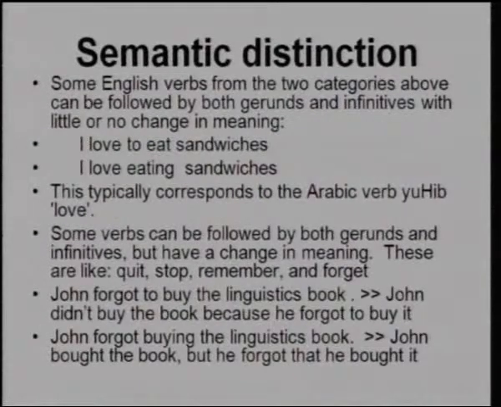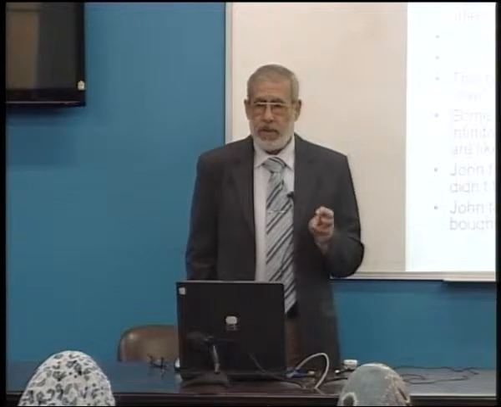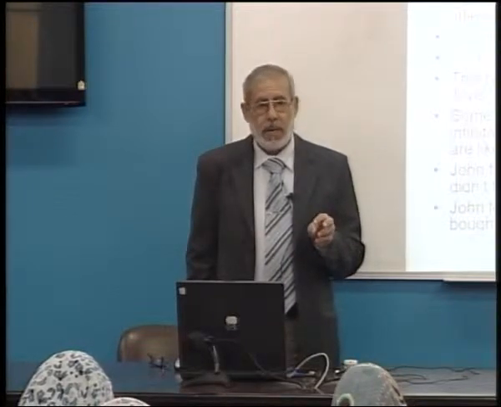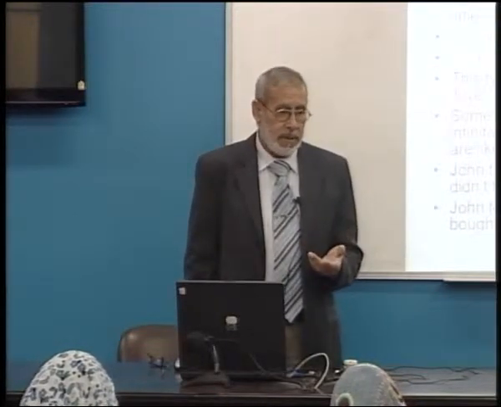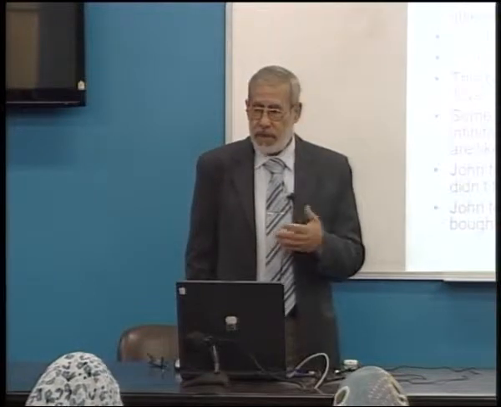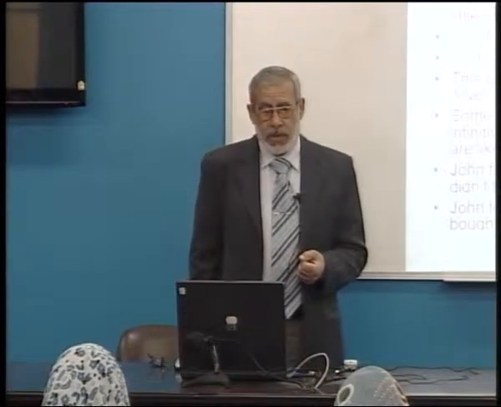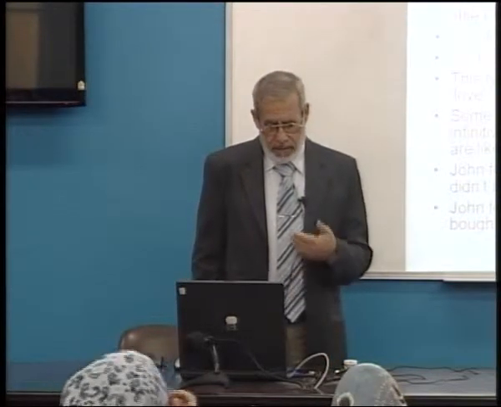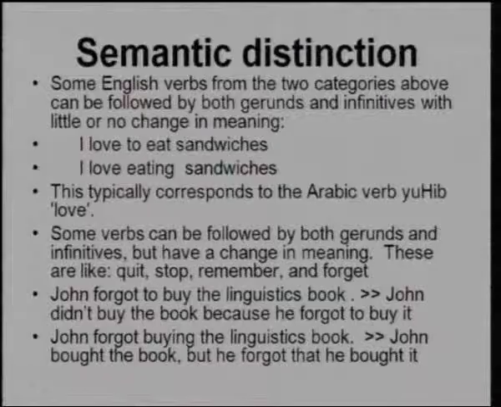Now, semantically, the emotive verbs and aspectual verbs have a difference in meaning just in the use of infinitive and gerund. So a sentence like, I love to eat sandwiches, I love eating sandwiches, the two sentences are different in meaning.